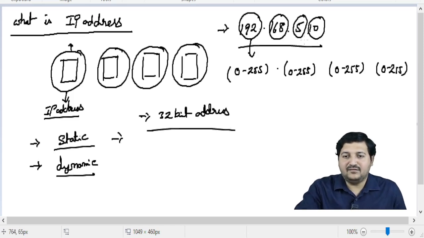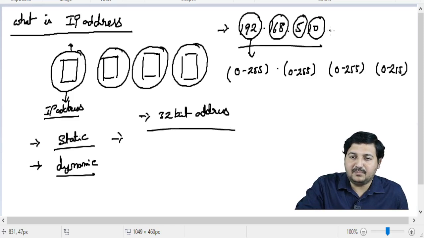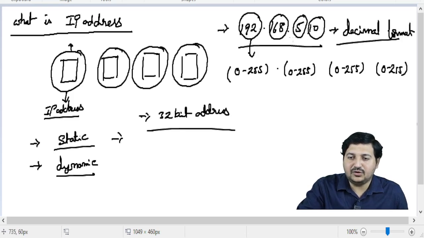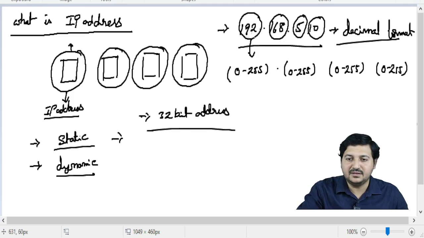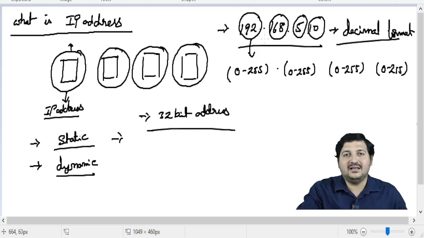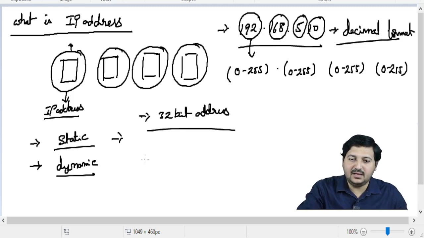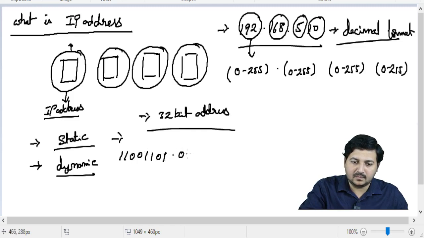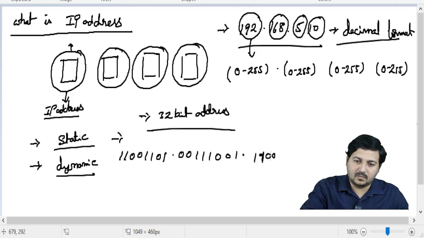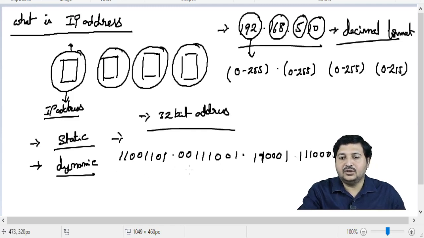By default, whatever numbers we identify are represented in decimal format, because it is easy for us humans to understand decimal rather than binary. Actually, the IP should look in this way, but it is very tough for us humans to remember these bits.